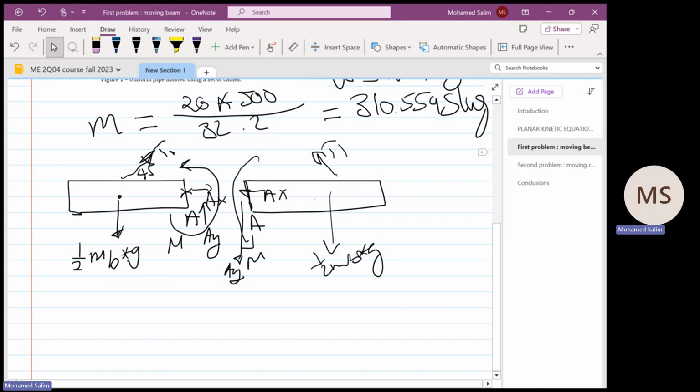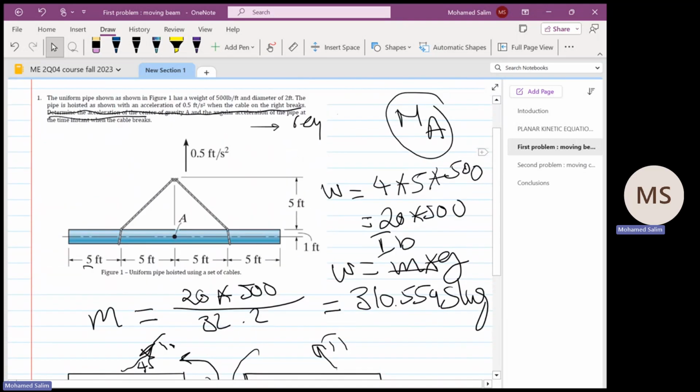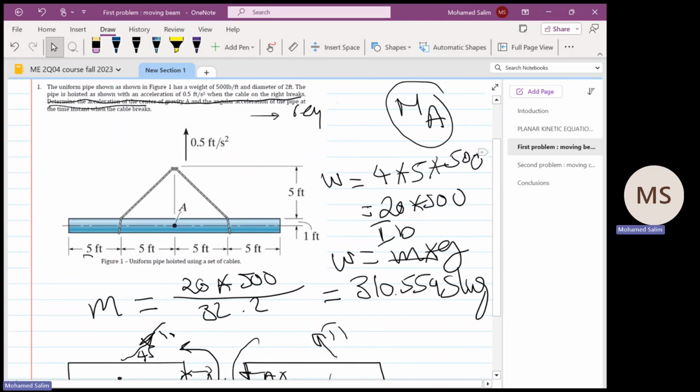How to calculate T1? Let's return to the original problem. This is T1, my friend. And of course, that is the total T. How to calculate T1?